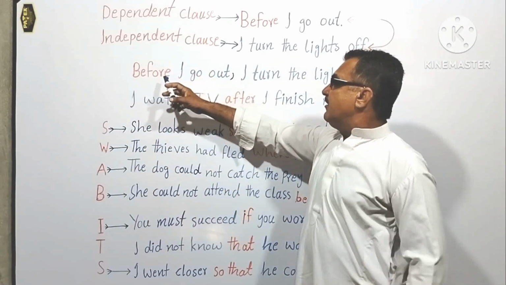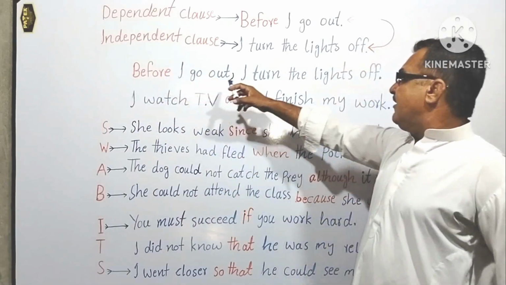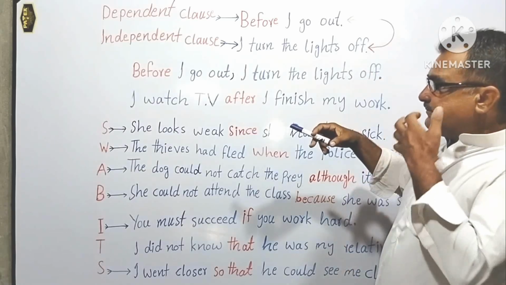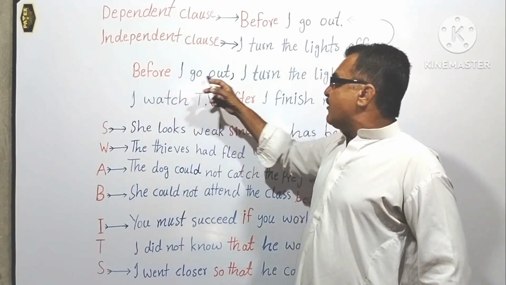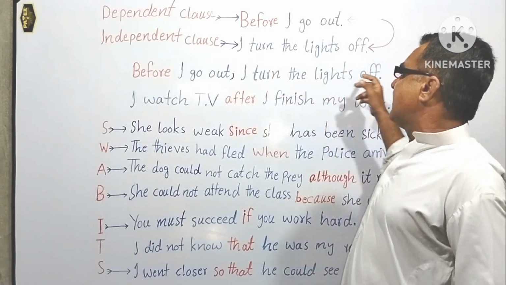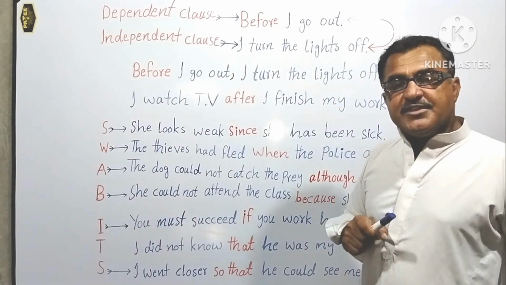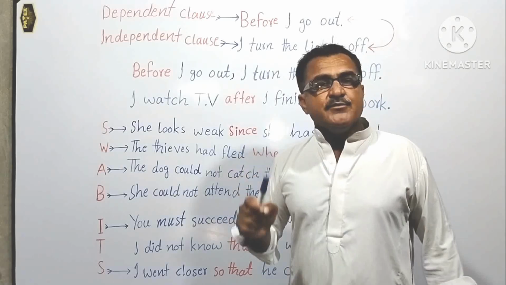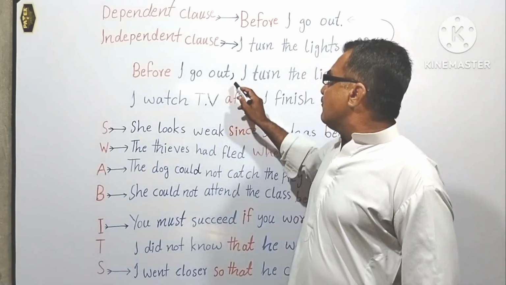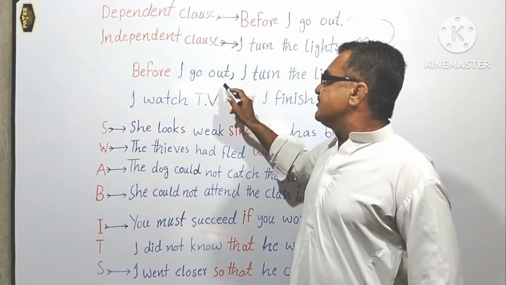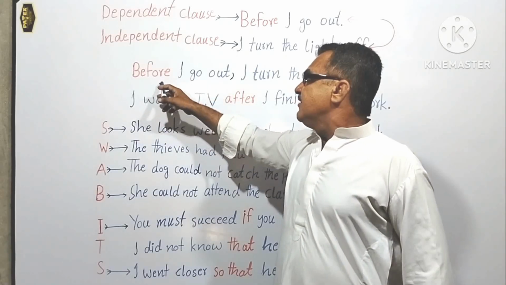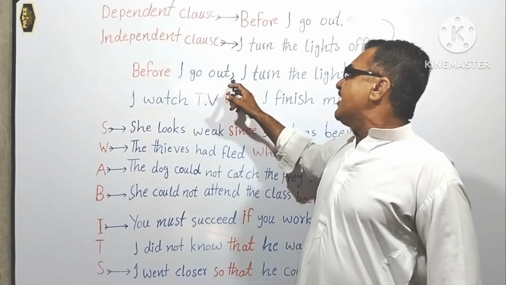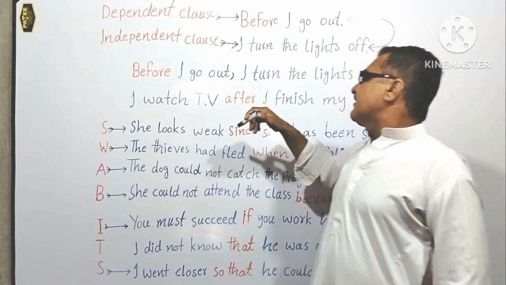Now here I have written them both in one line. Before I go out, I turn the lights off. Remember one thing, whenever your dependent clause comes first, you have to put a comma here like this. You can see it here. The dependent clause is here, that's why you have to put a comma here.